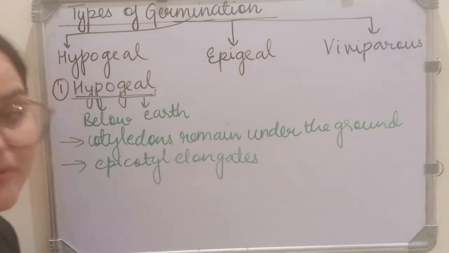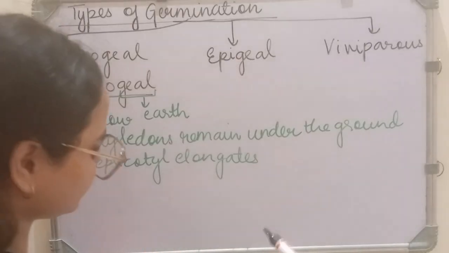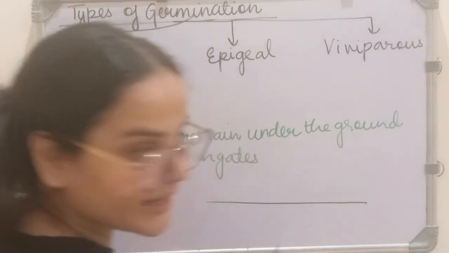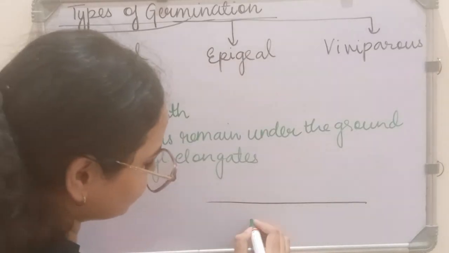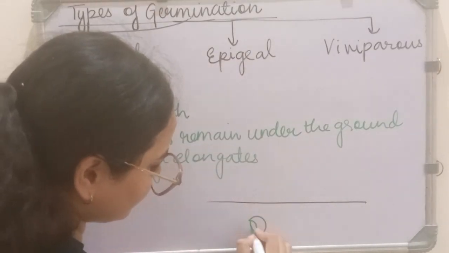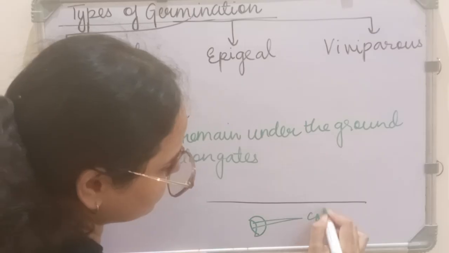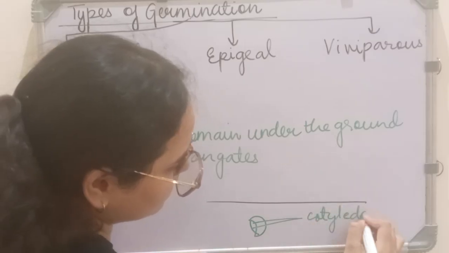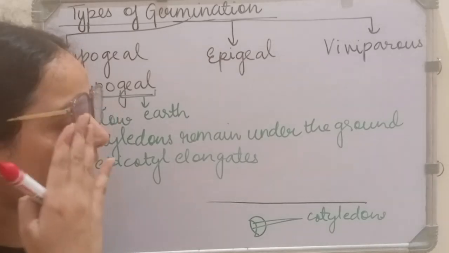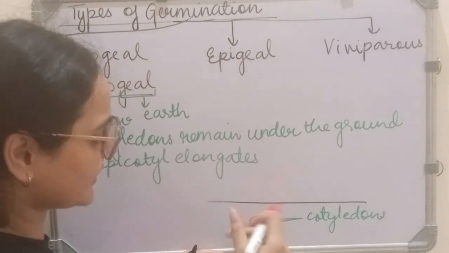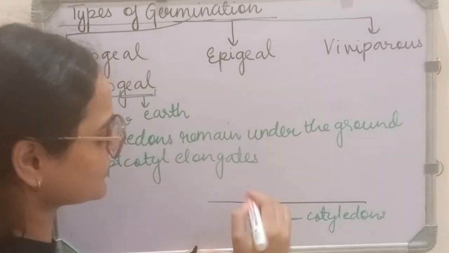Let's draw a diagram and understand these 2 points. This is the ground, and this is the cotyledons. From this cotyledons, the epicotyl comes out, forms the plumule which forms the shoot.